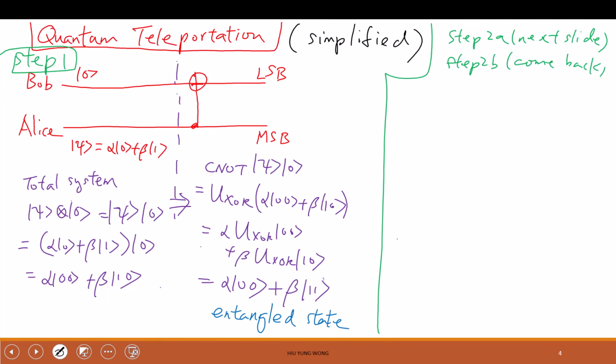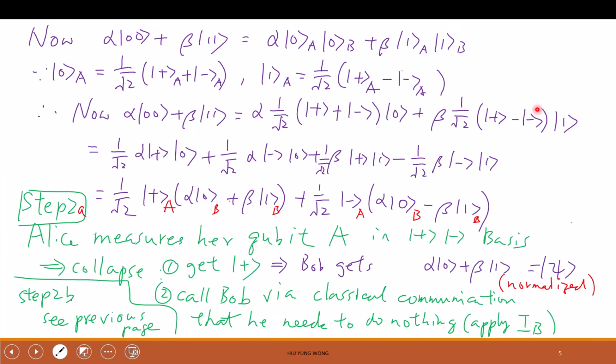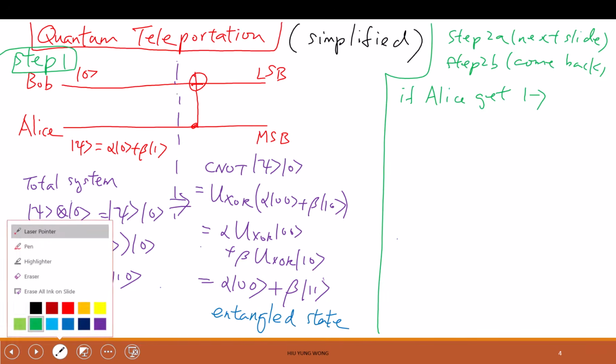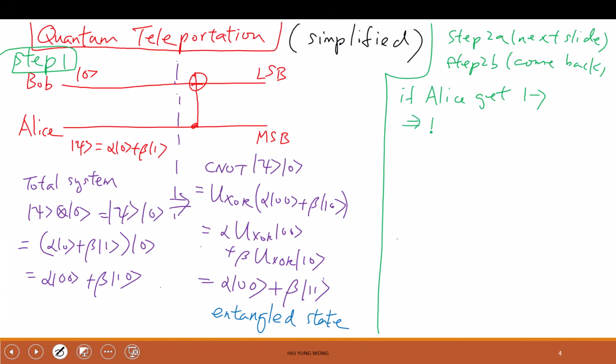So what if Alex gets minus? Again, there's no guarantee, right? She can get plus or she can get minus, correct? So what is Bob's state? Then Bob has 1 over root 2, again normalized, so has alpha 0 minus beta 1.